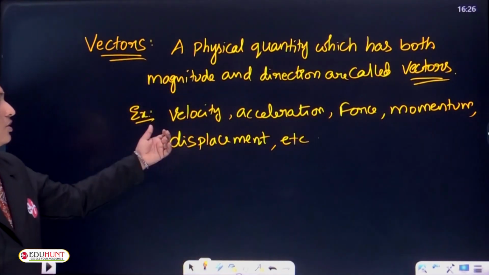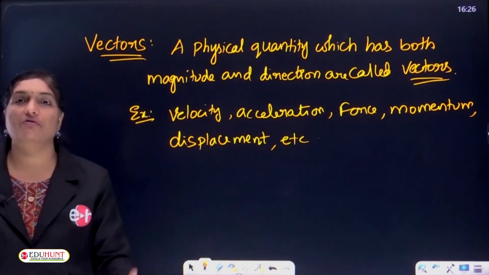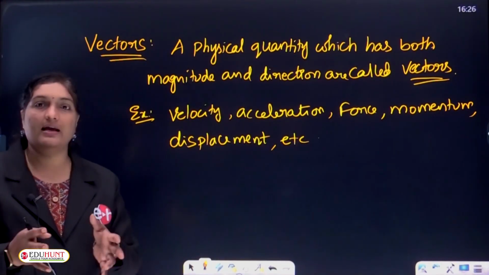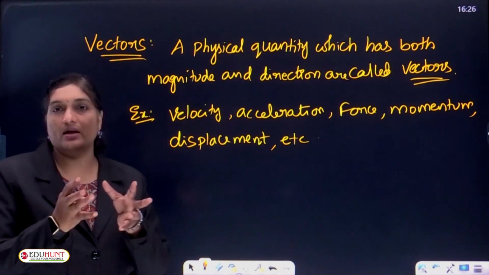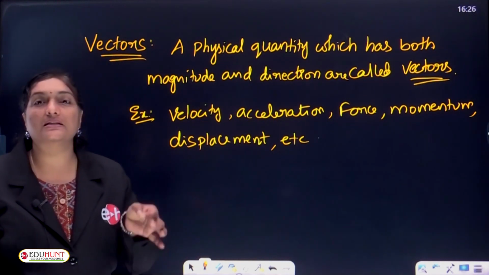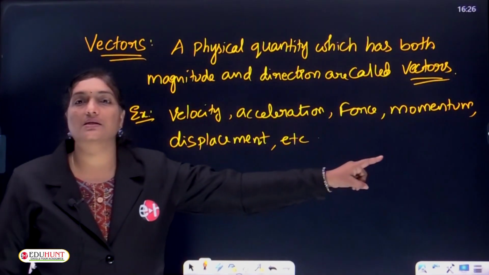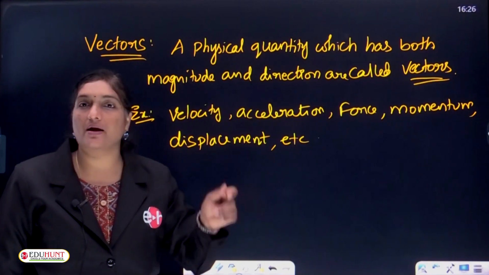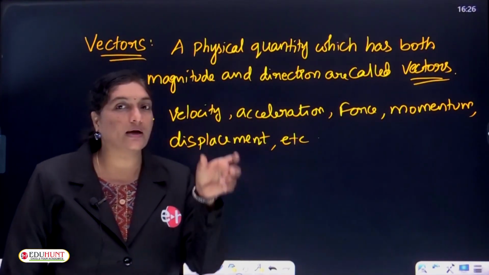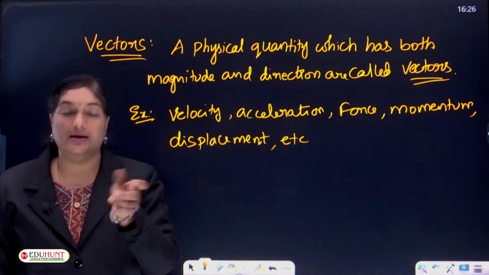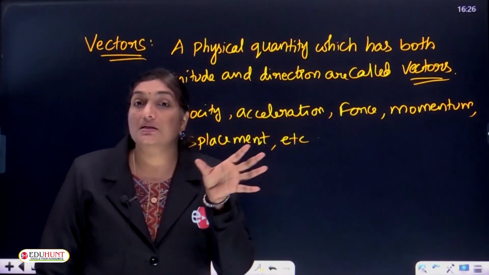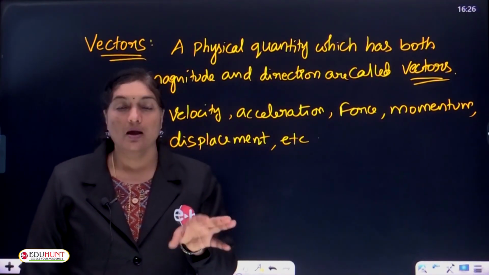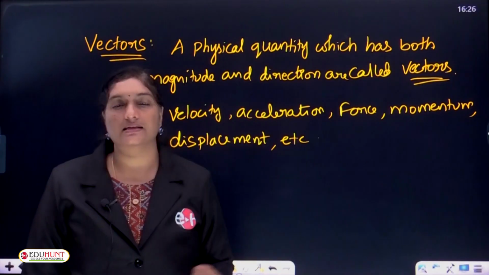If you talk about the velocity or acceleration of a body, say a car is moving with 80 km/h towards east. Here 80 km/h indicates the magnitude, and towards east indicates the direction.